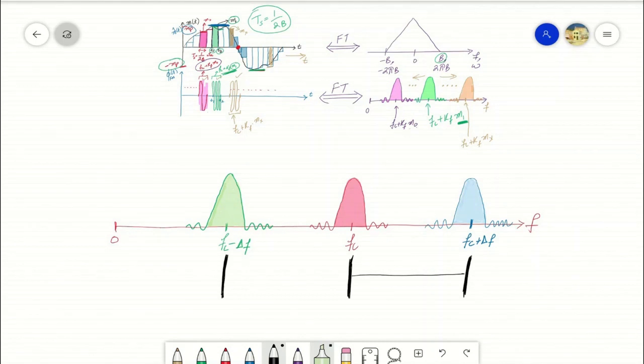The peak frequency deviation from the carrier frequency, the central frequency, to the positive side is delta f, and similarly, considering the positive and negative peak amplitudes of the information signal as equal, the frequency deviation along the negative axis will also be equal to delta f.